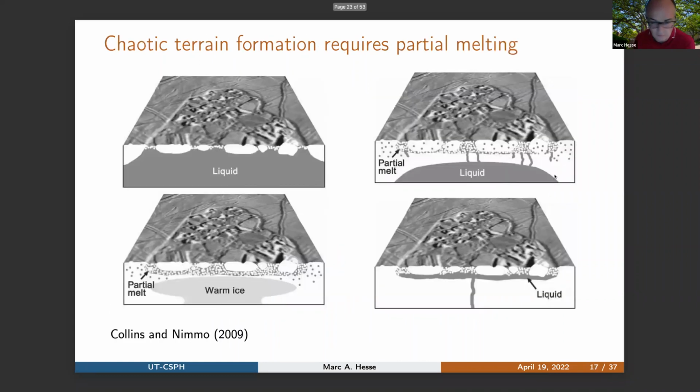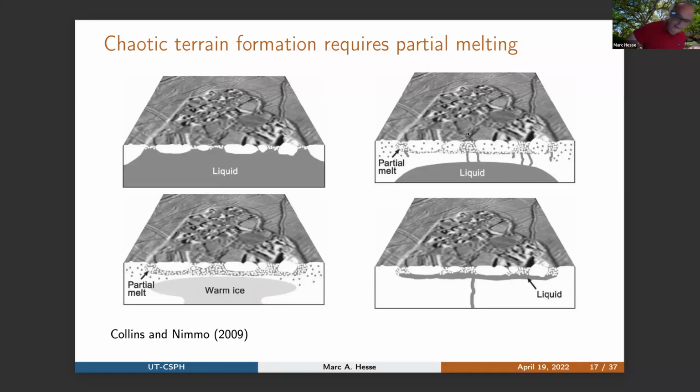An interesting point is that when people try to think about how these chaos terrains form, they invoke the topography, because that's one of the few things that we think we know about chaos terrains. Some chaos terrains seem to be elevated above the surroundings, and there are arguments whether the blocks inside the chaos terrains are elevated relative to the mushy stuff in between or not.